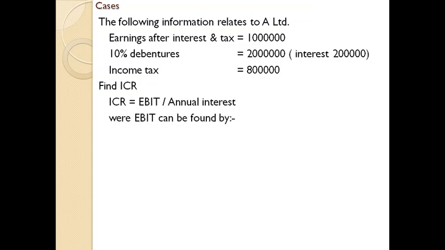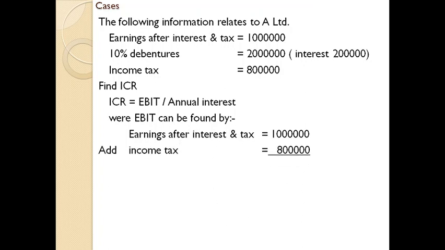Here, earnings after interest and tax is 10 lakhs, which is already given in the question. We need earnings before interest and tax. As per the statement, the final deduction was income tax, so first add back income tax of 8 lakhs. Then you will get earnings before tax.